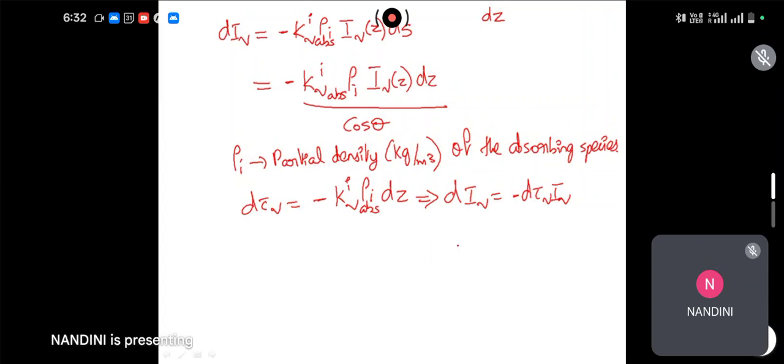Now dI nu by I nu is equal to minus d tau nu, with dz by cos theta.